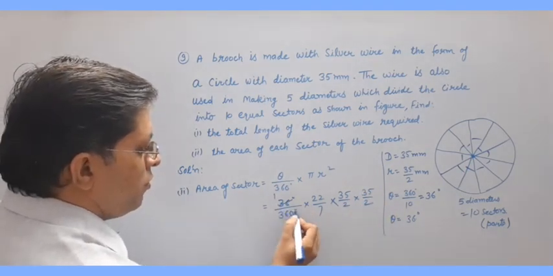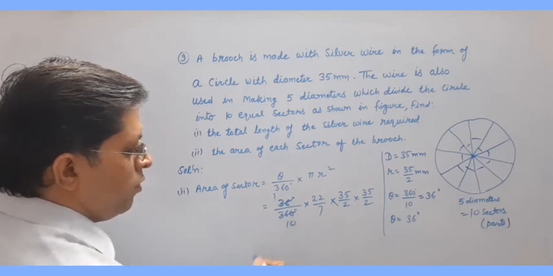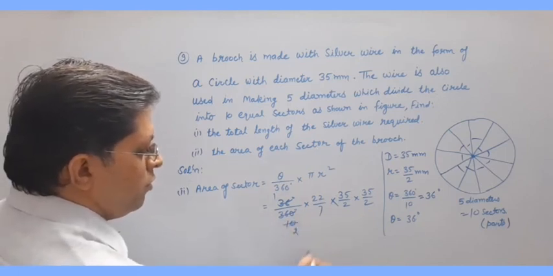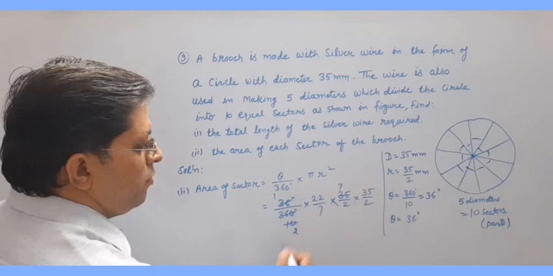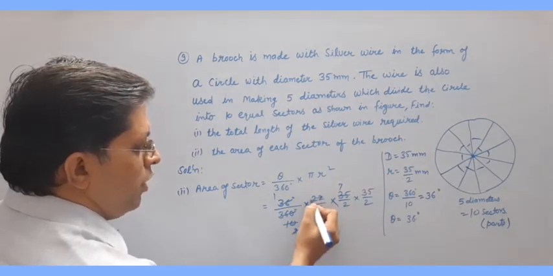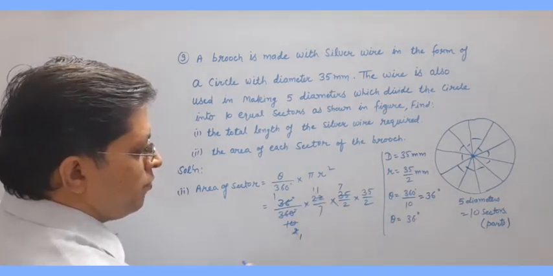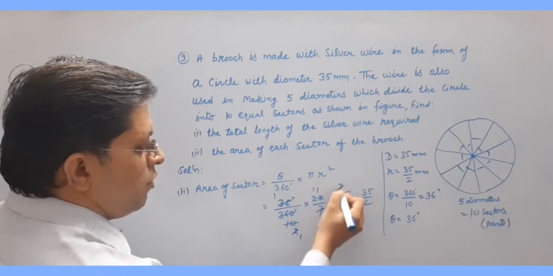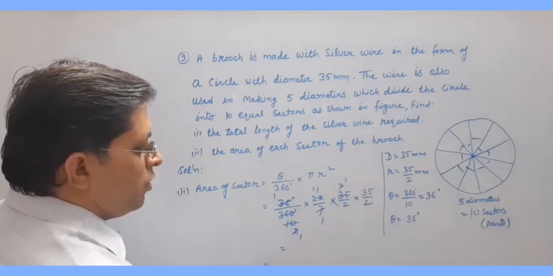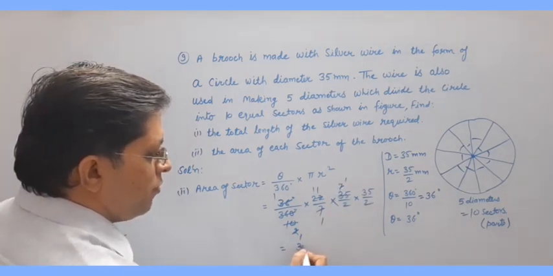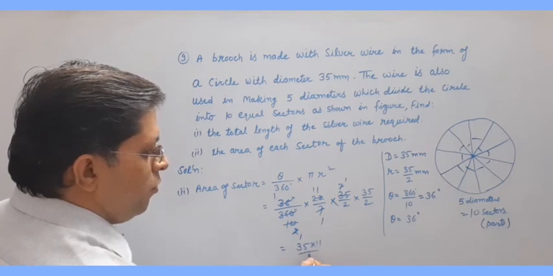Cancelling, what is remaining? 35 into 11 upon 4.